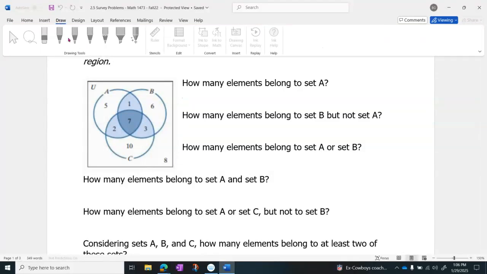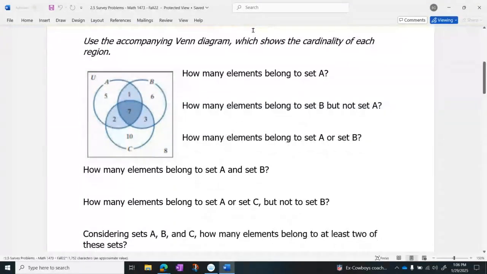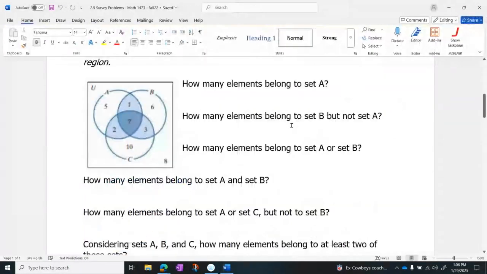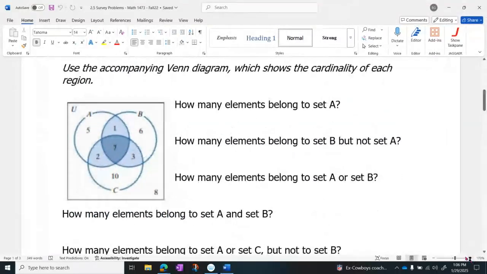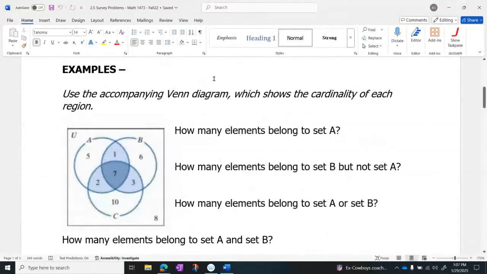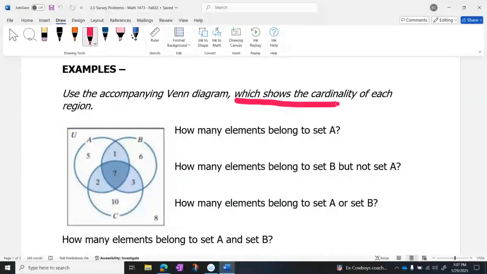But sometimes, especially when we are talking about a survey problem, those numbers very likely represent the cardinal number of the region, or cardinality of the region. How do we know? The problem tells us, okay? The problem tells us right here.